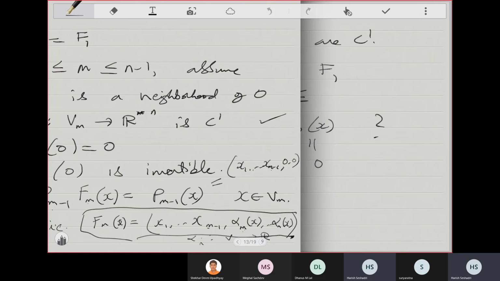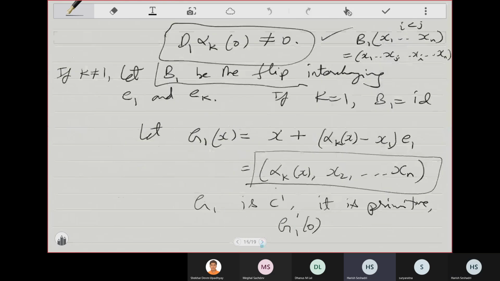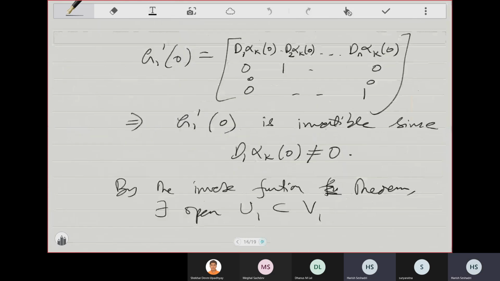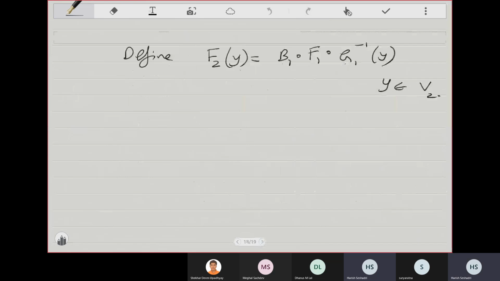So what we want from F2 hopefully is that at least the first coordinate should become the standard identity coordinate. F2 of y1, y2, ..., yn should start off with y1 and the other stuff may be anything.